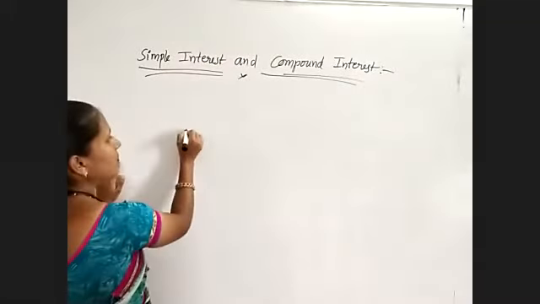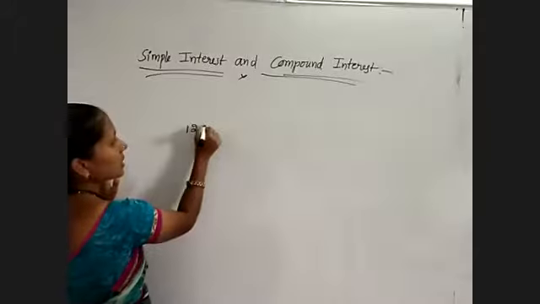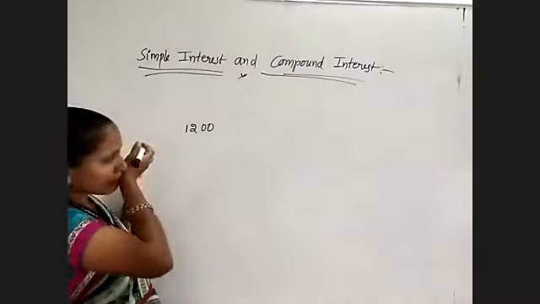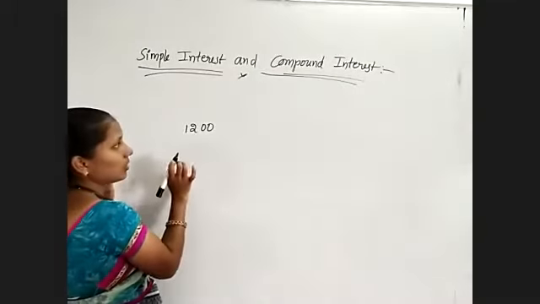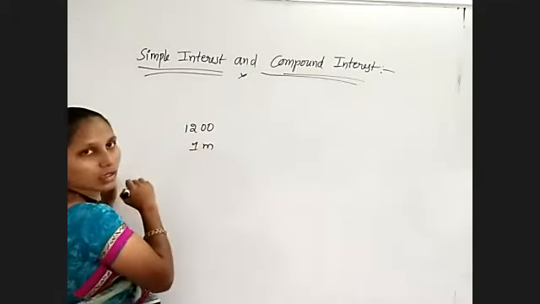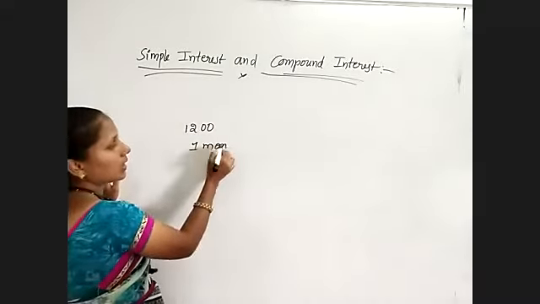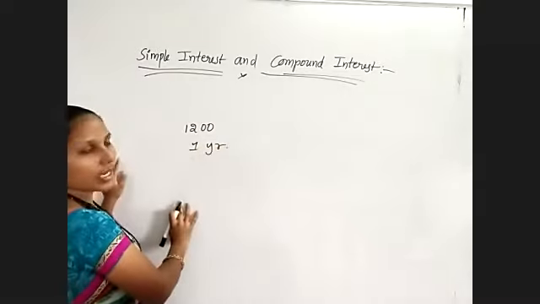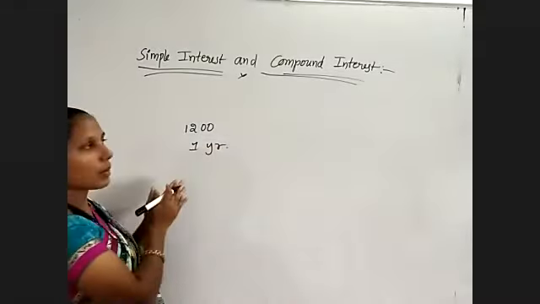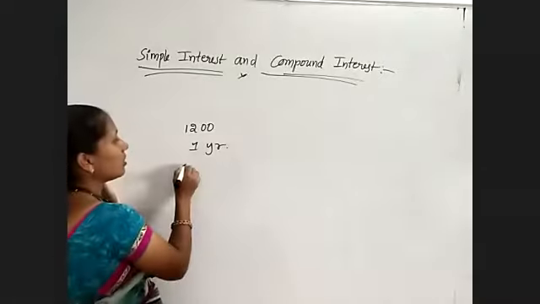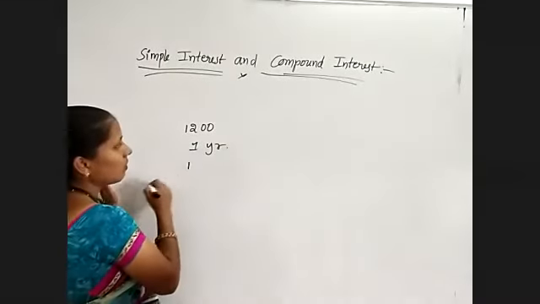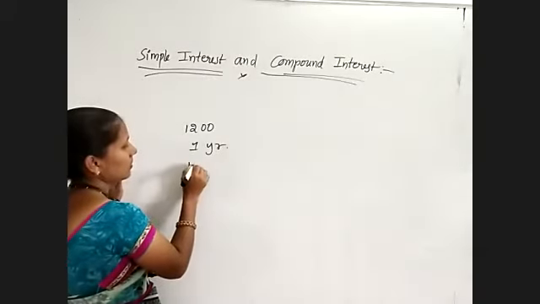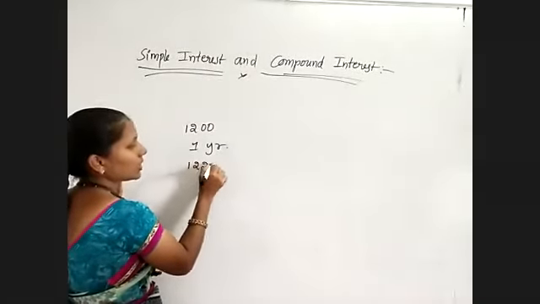See, if one person is given 1200 rupees as a borrow, for suppose for 1 month, otherwise for 1 year, let it be 1 year, and we will pay some extra amount to that person, that may be 1220 rupees.